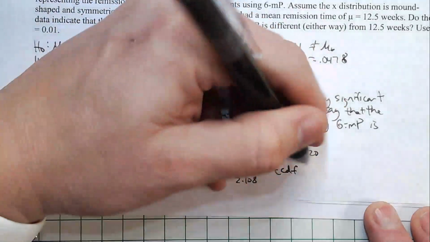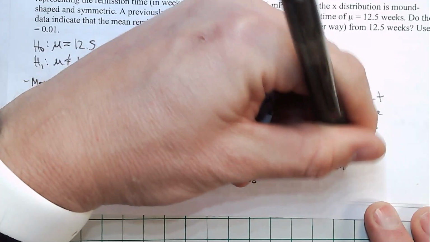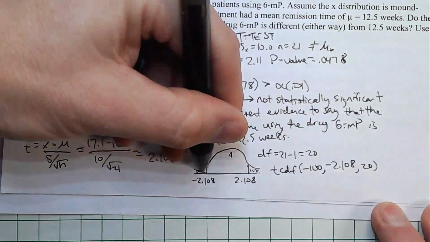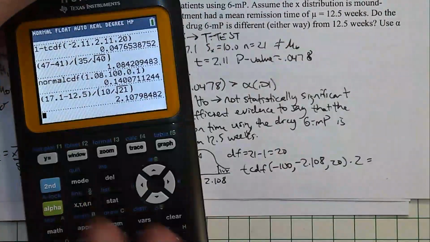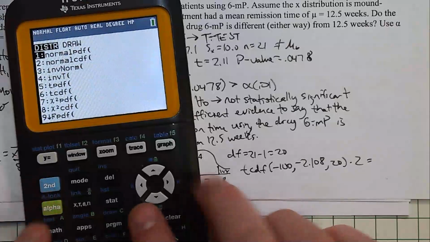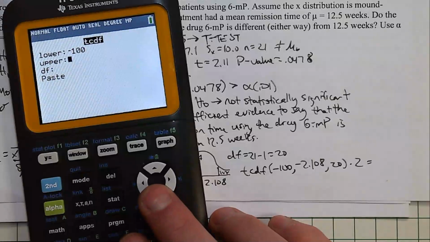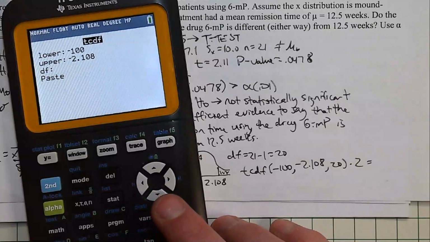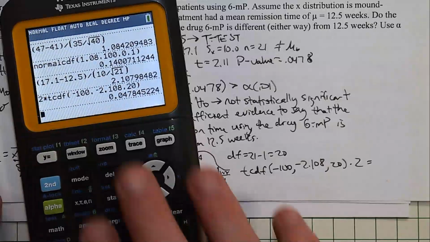You could do negative 100, negative 2.108, degrees of freedom of 20, and that would give you that tail. Since it's two-tailed, you just multiply this by 2. I already multiplied it by 2, so that gives me my p-value.